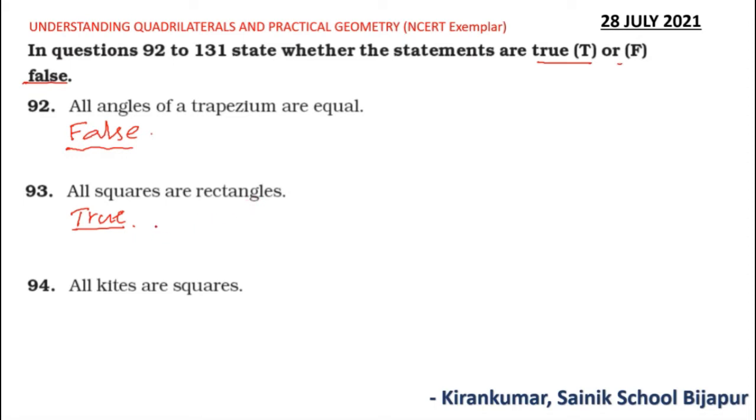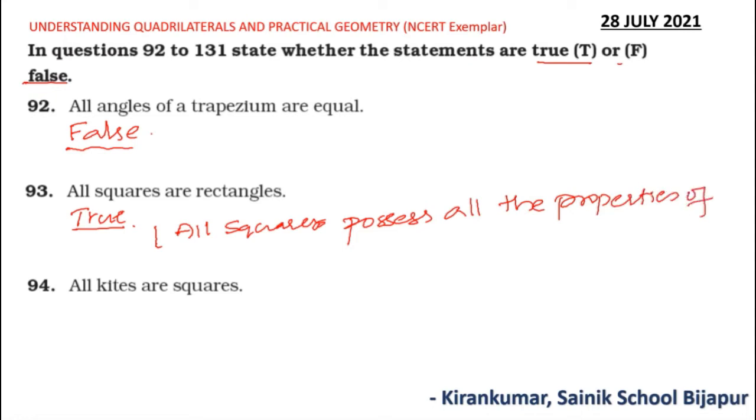So I can mention the reason here. All squares possess all the properties of a rectangle. Question 94. All kites are squares.